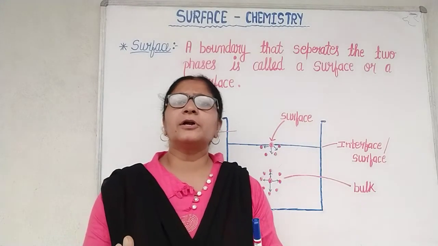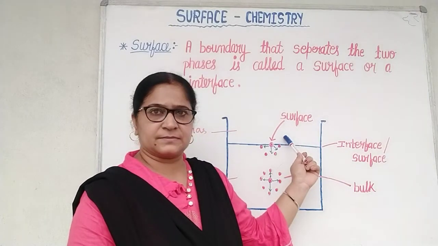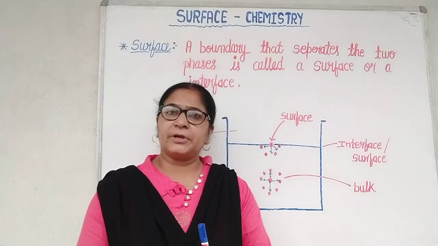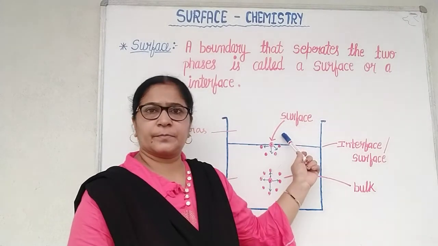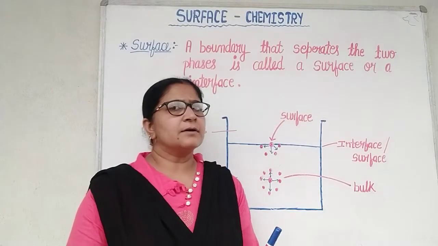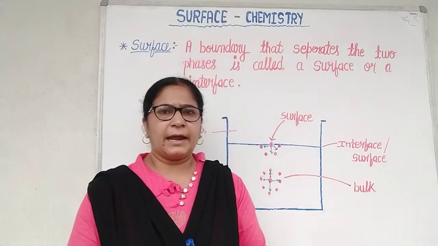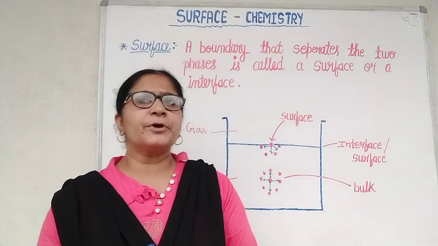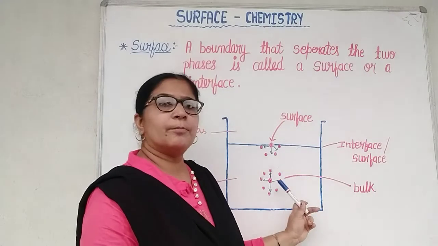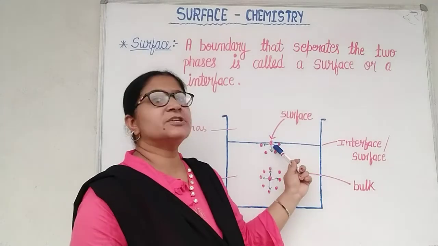This will not have that kind of attraction towards the upper face, because there are no other particles present over here. If we compare a bulk particle and a surface particle, obviously there is a difference, and that is what we are going to talk about here. That is the difference in the properties of a bulk particle and a surface particle.